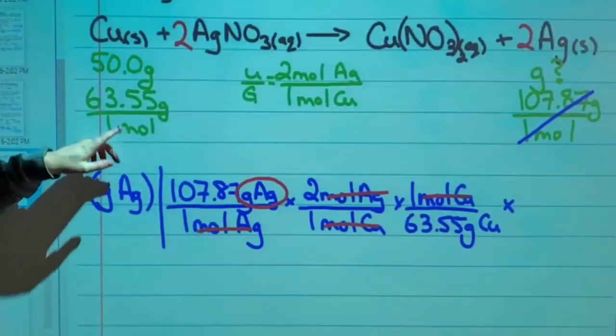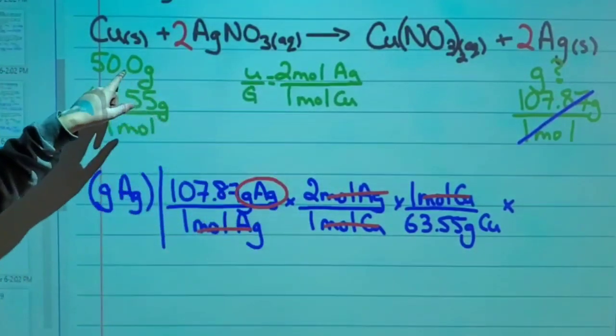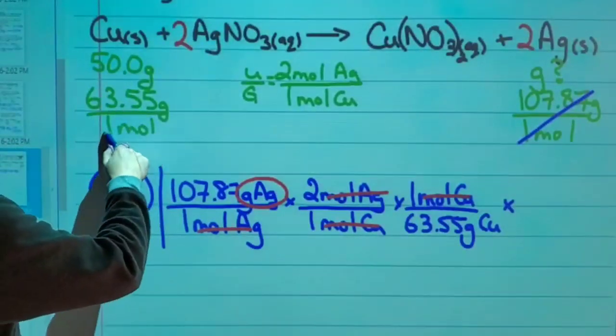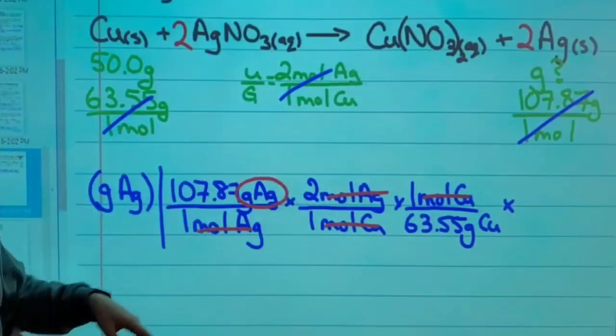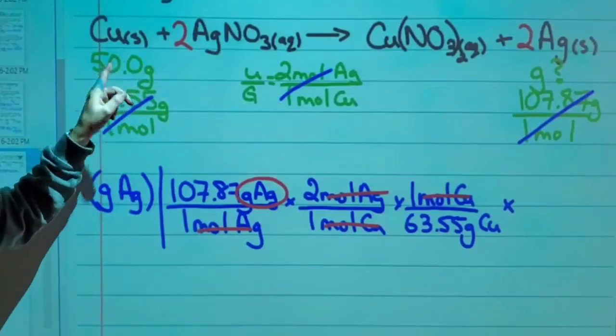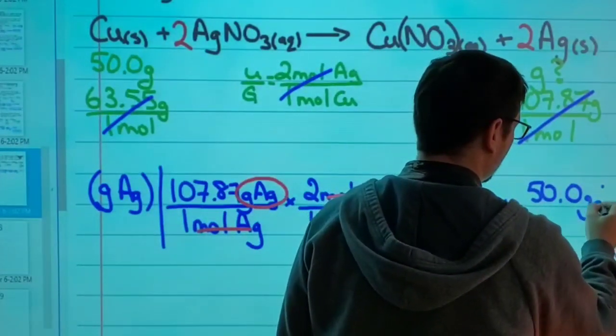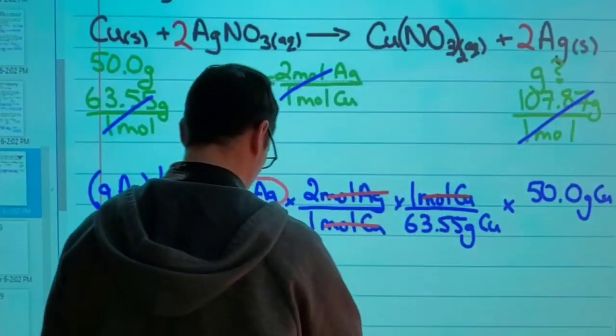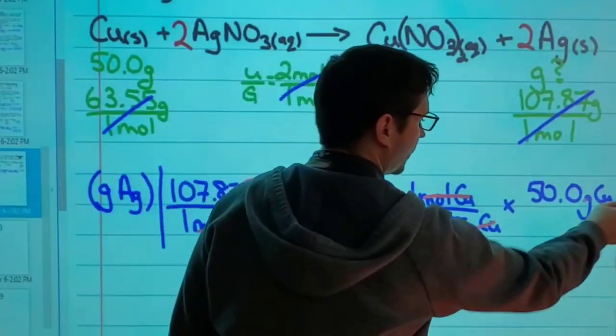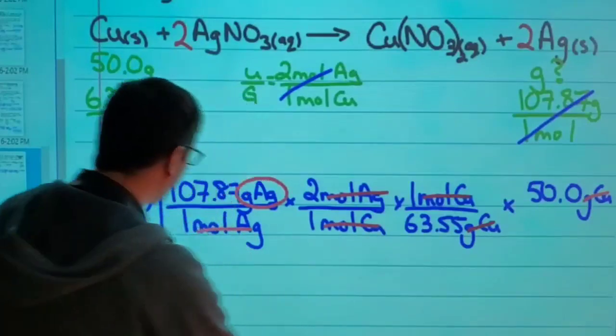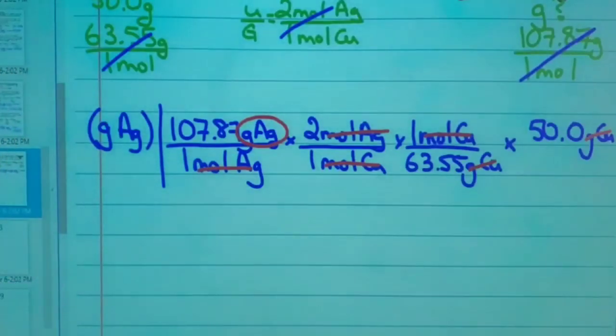And then finally, I've got grams of copper and I need to cancel it. So I'm done with this, I'm done with that. I need to cancel grams of copper. I got 50 grams of copper here. So grams of copper cancel. So now all we have to do is plug this into our calculator.